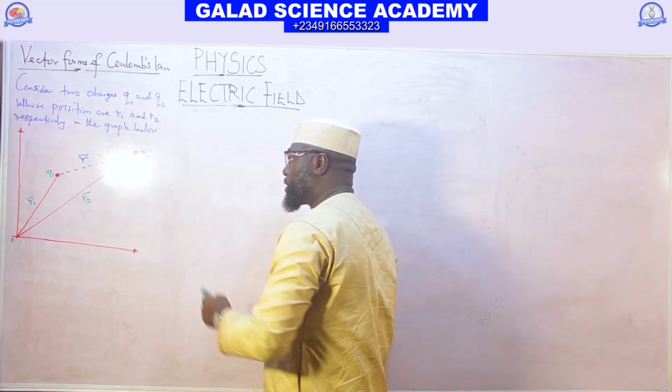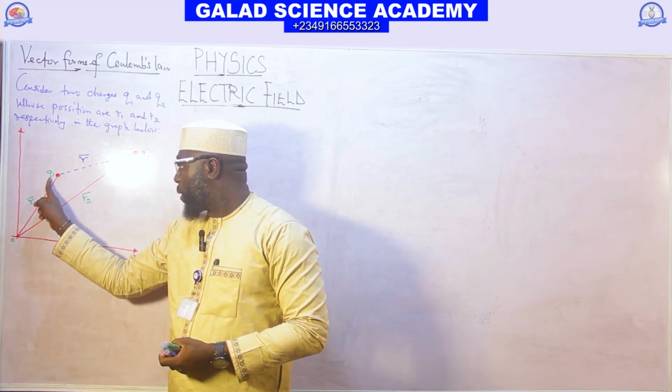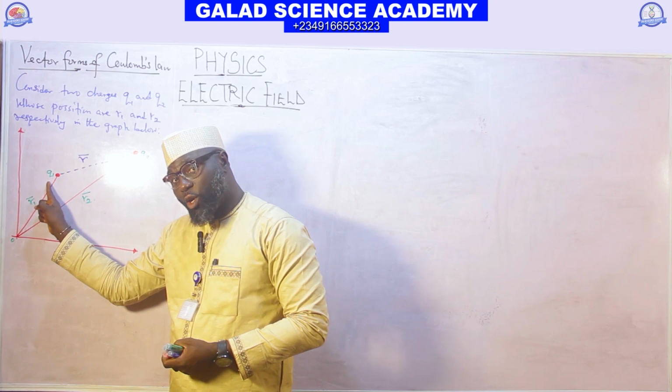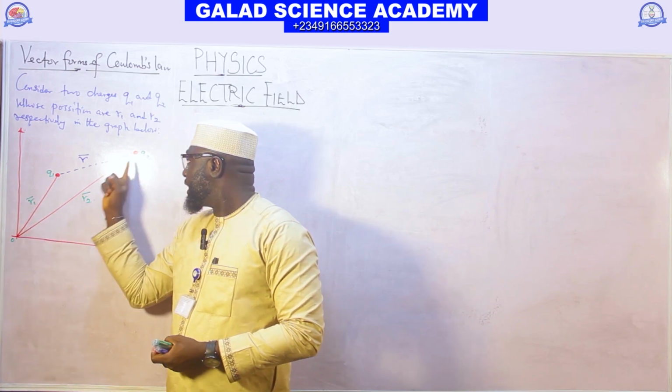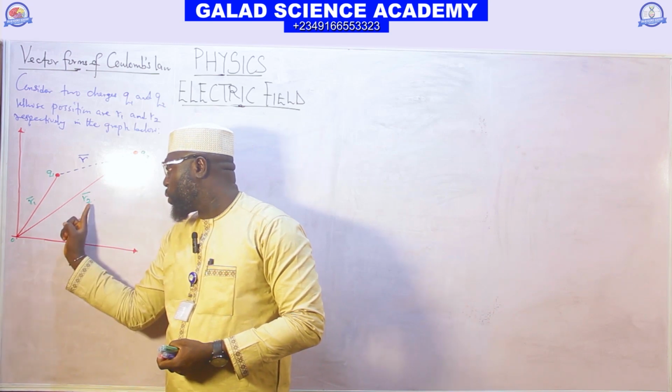So from this sketch, this is charge Q1, Q2. The distance of charge Q1 from the origin is R1. The distance of charge Q2 from the origin is R2.